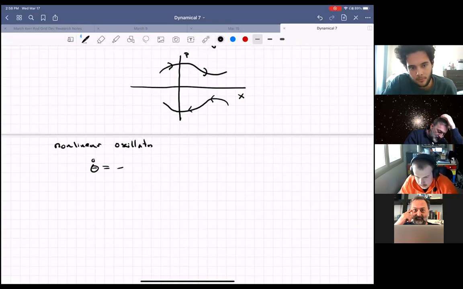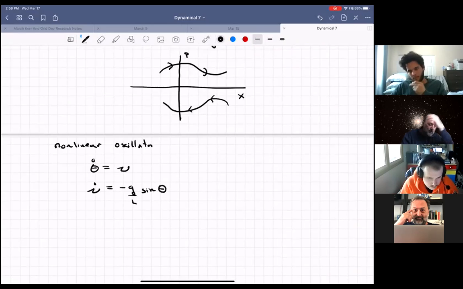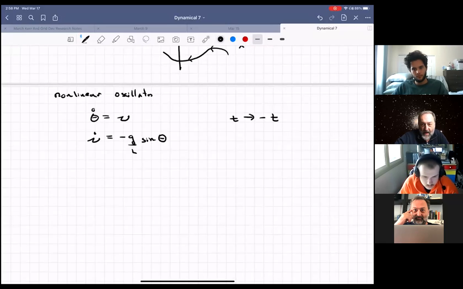So theta dot is nu, and nu dot is minus g over L sine theta. What I mean by that is, if I take t goes to minus t, I get the system back. That the system is symmetric under time reversal means you can take t to minus t.